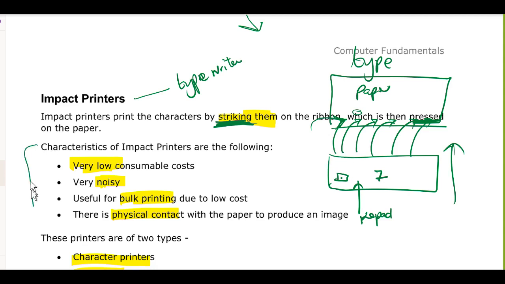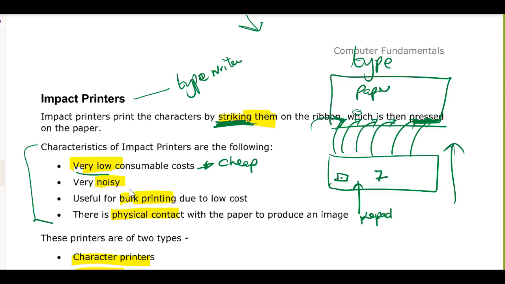Now we discuss the characteristics of the impact printers. They have low consumable cost, by virtue of there being not much electronics involved apart from what gives the instructions to place the characters on a paper. This means that they are cheap.